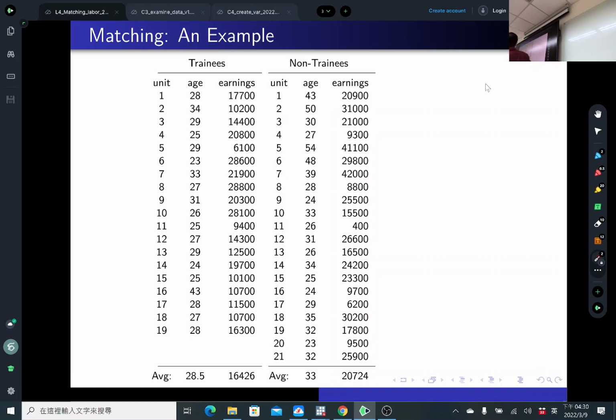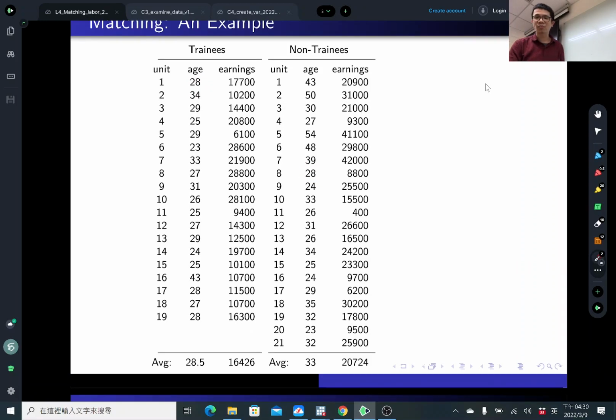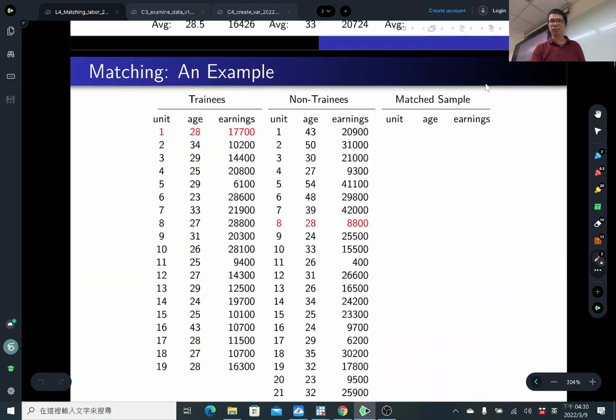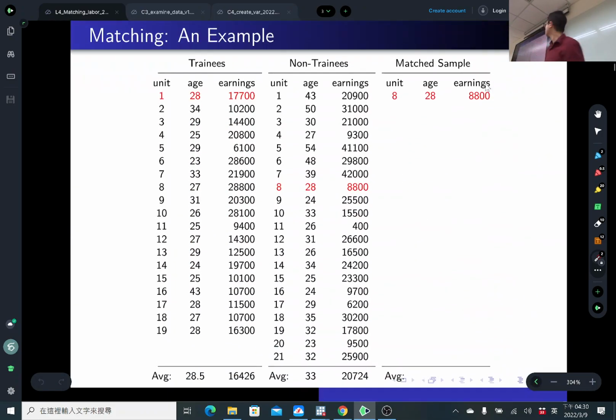So that means the more comparable individual is someone who is 28, that is this guy. So this guy will become our new control group to match this treatment unit, instead of using this guy, because this guy is older. Okay.